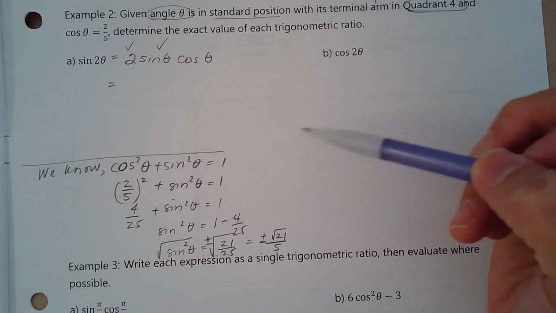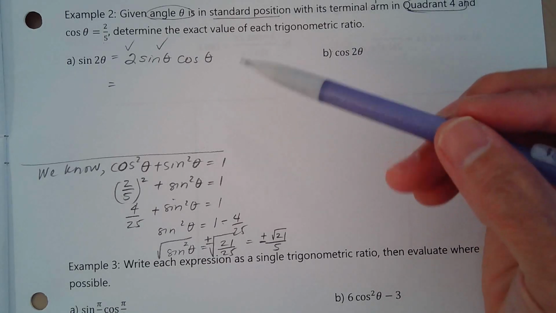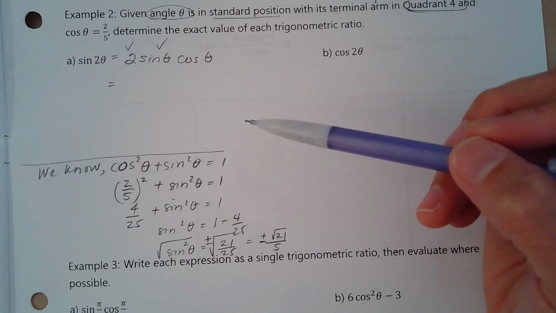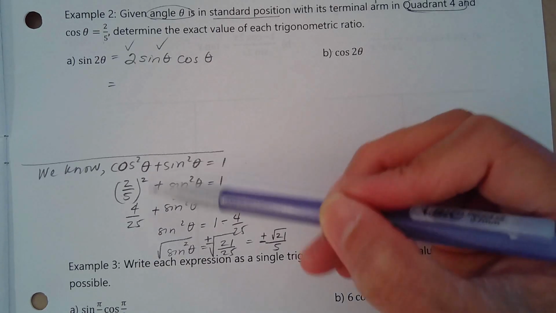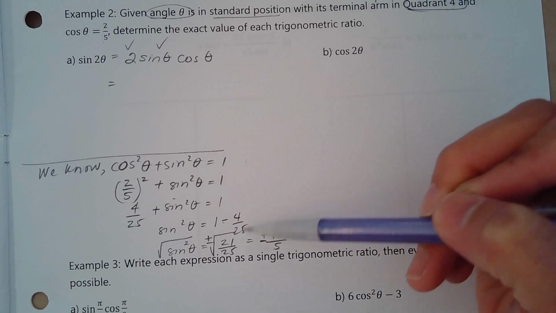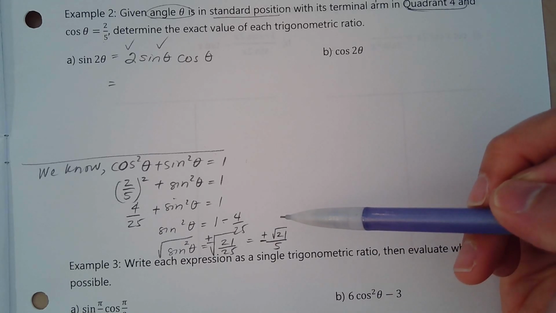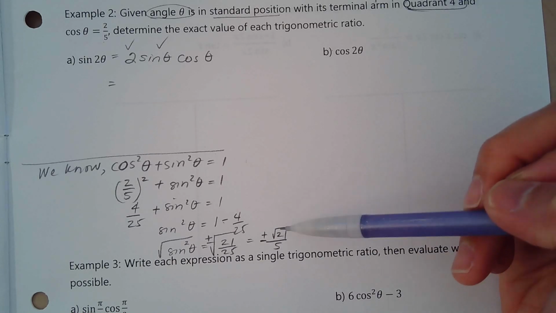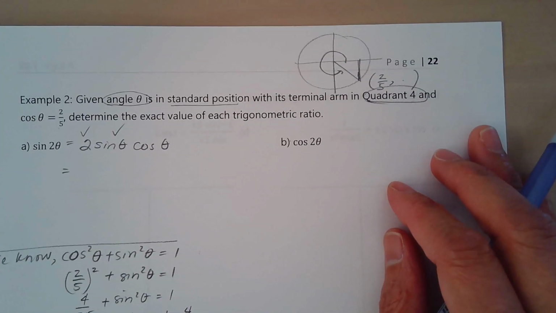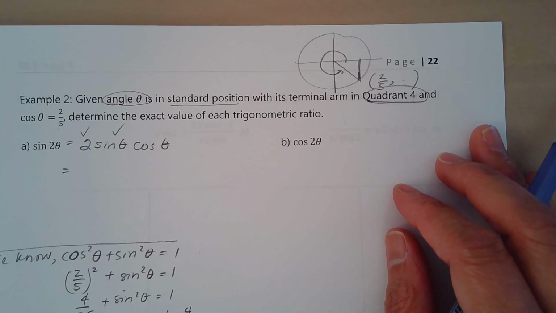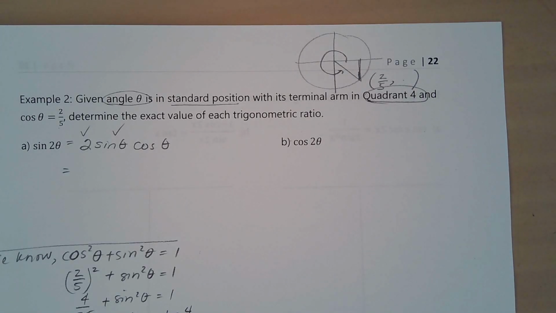Okay. So we have to use the identity cos squared plus sine squared is equal to 1. And then I came up with 2 possible solutions for sine. One is positive and one is negative. So which one are we going to take?